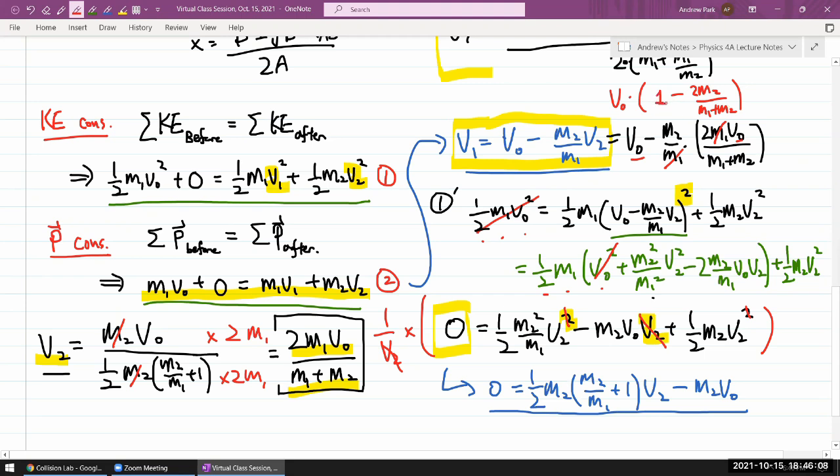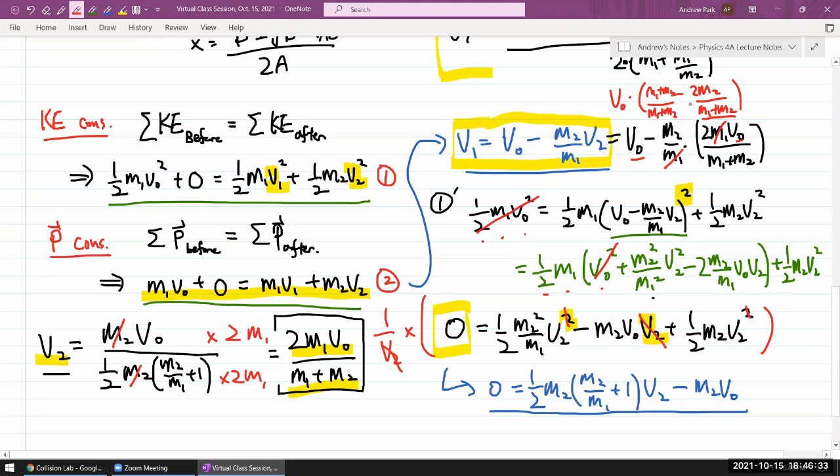You rewrite 1 as a fraction that has the same denominator. So this 1 should become m1 plus m2 divided by m1 plus m2. That's 1, just written differently.